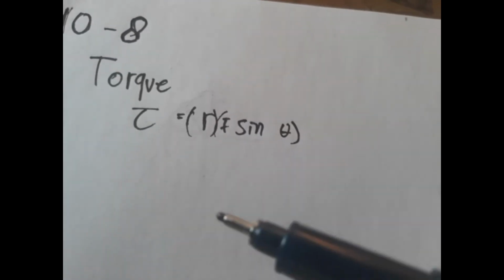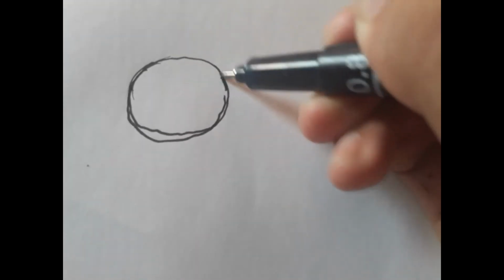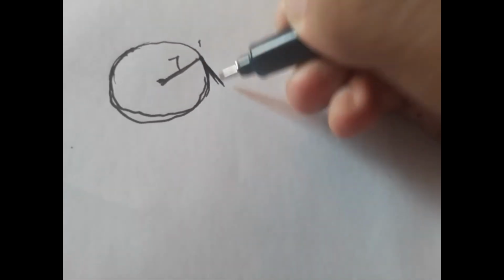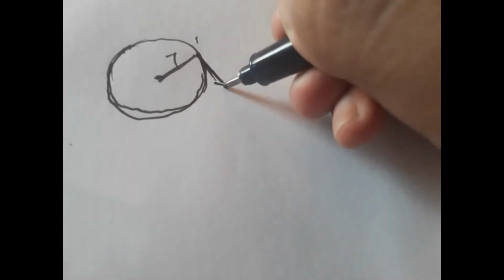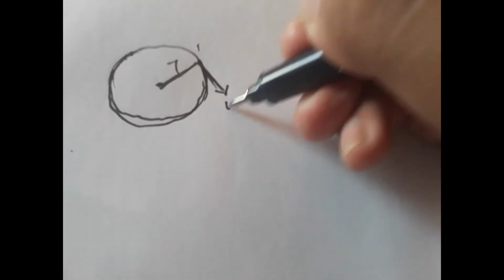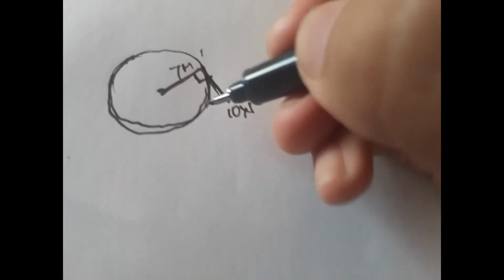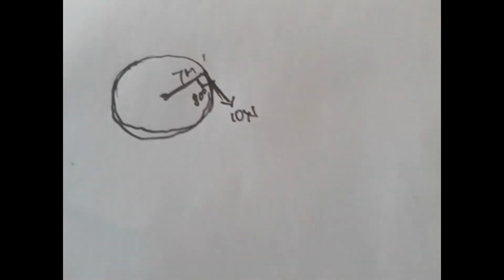The torque itself uses the newton meter unit. For example, take a doorknob again, with a radius of, I say, 7 meters, and a force acting on it of, I'd say, 10 newtons. To make it easier, take 90 degrees.